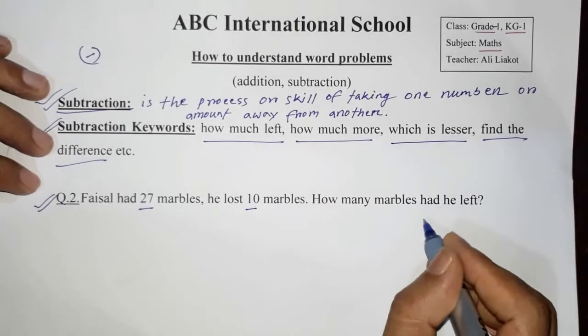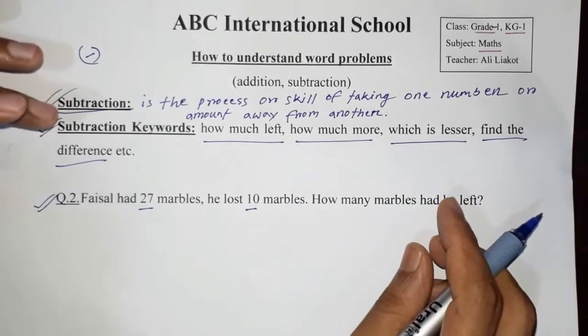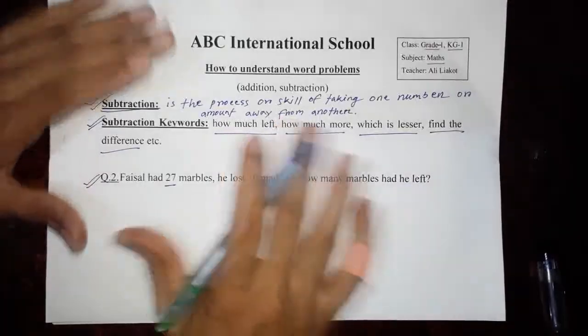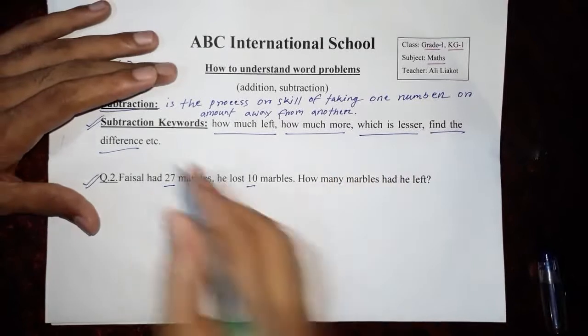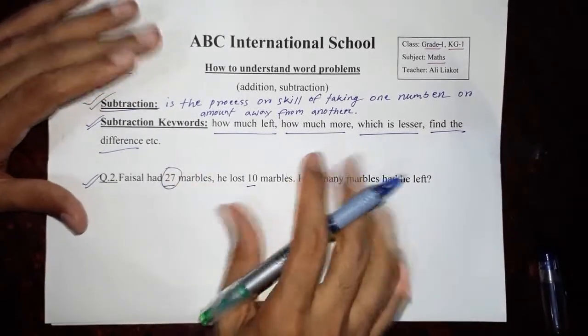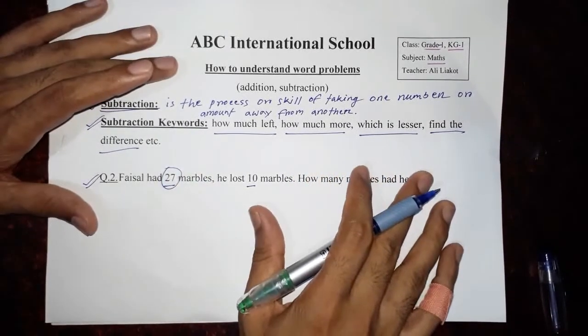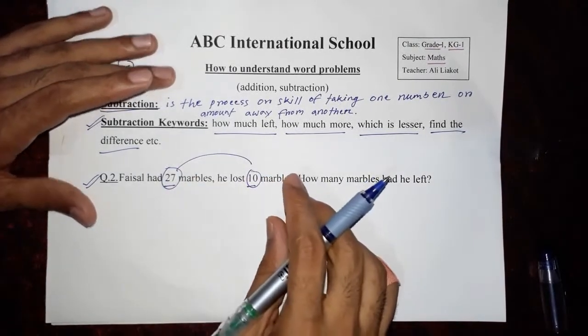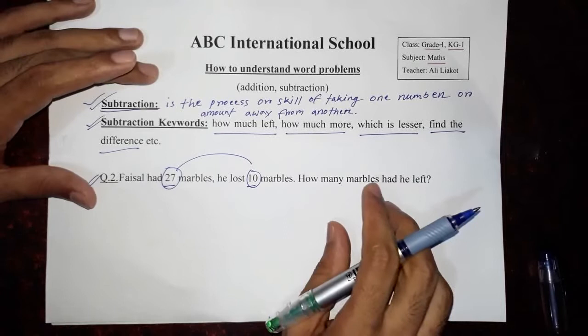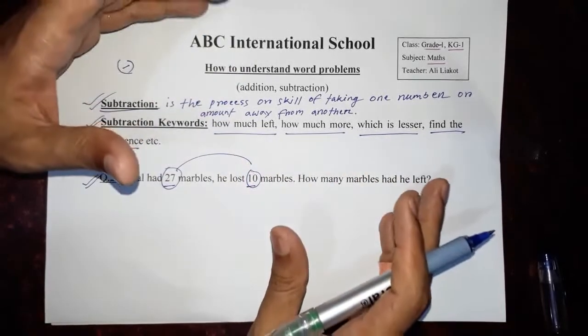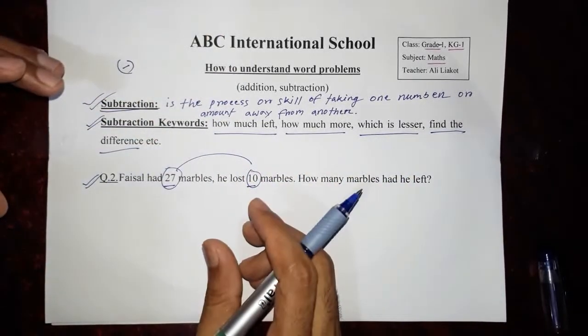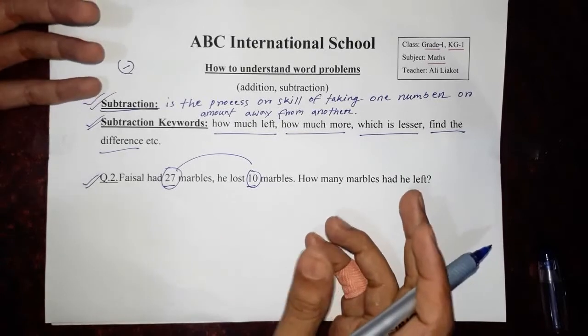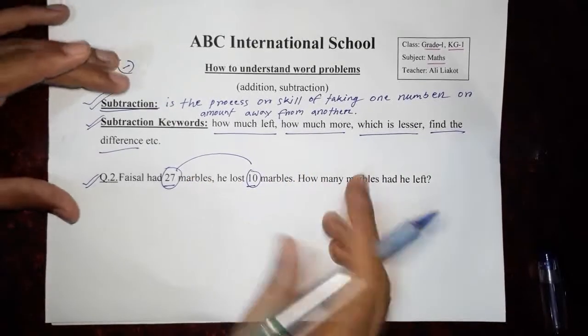How many marbles had he left now? The total number of marbles is 27 and he lost 10 from 27. That means he has lost 10 of the total quantity. So how much is the portion left, or marbles left right now?